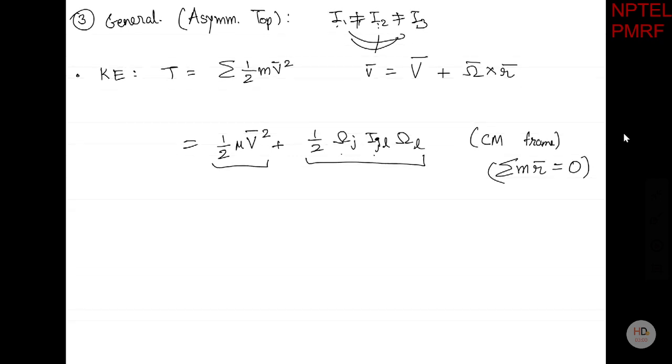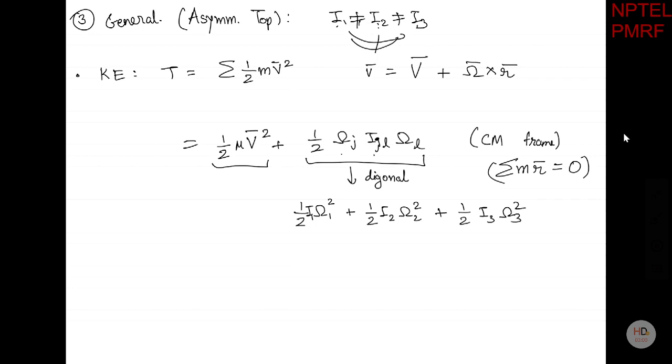If I is diagonal, then we can write this as half I1 omega 1 square plus half I2 omega 2 square plus half I3 omega 3 square, right?